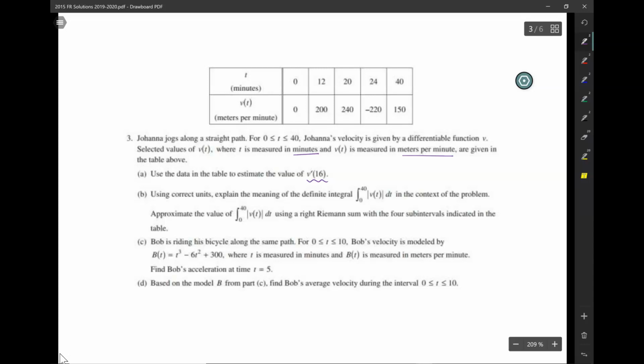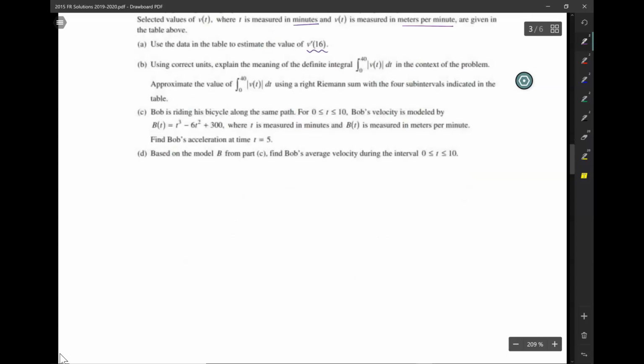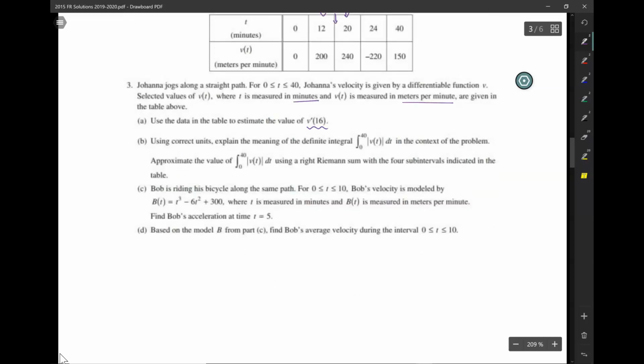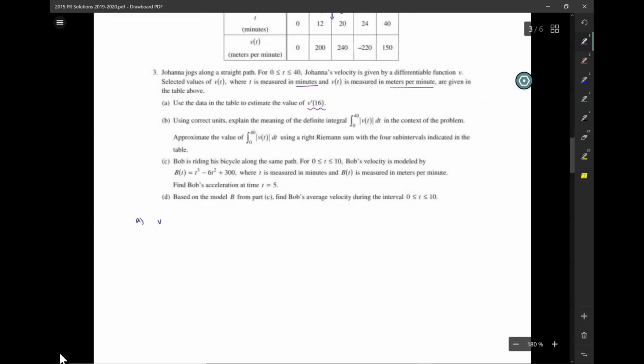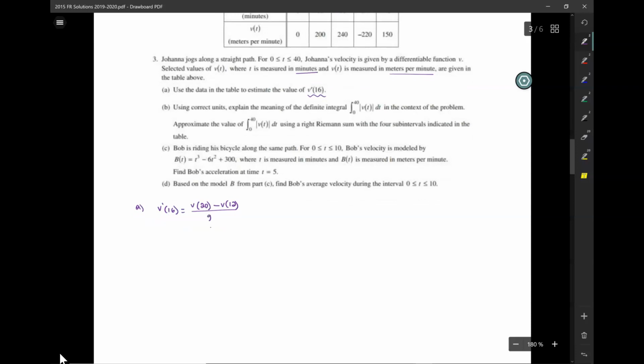V prime at 16 will have fallen here, so I'm going to take these 2 points and just do y2 minus y1 basically. So v prime at 16 is equal to, now you have to show this step, over 20 minus 12.